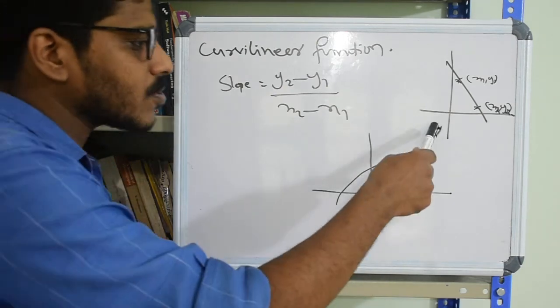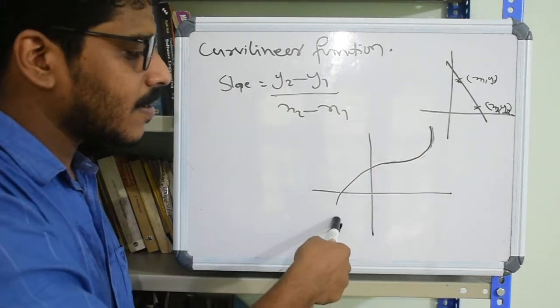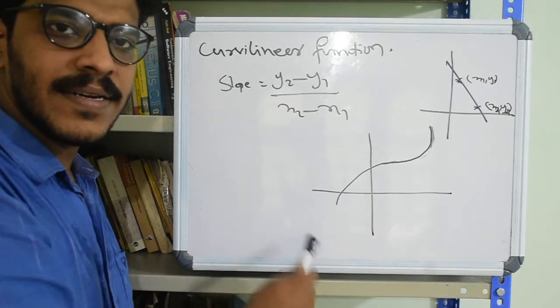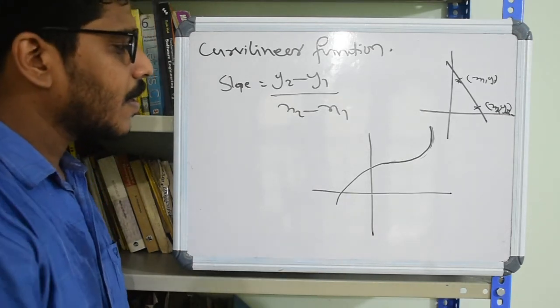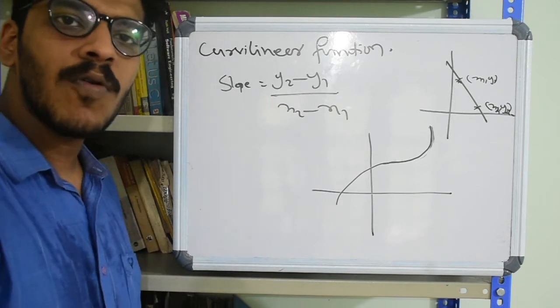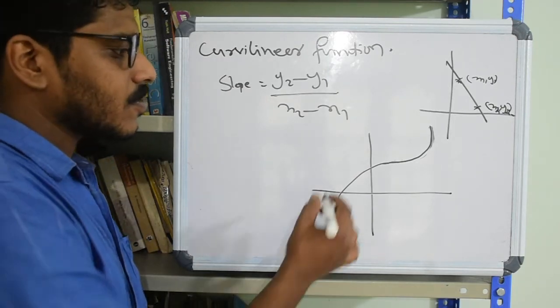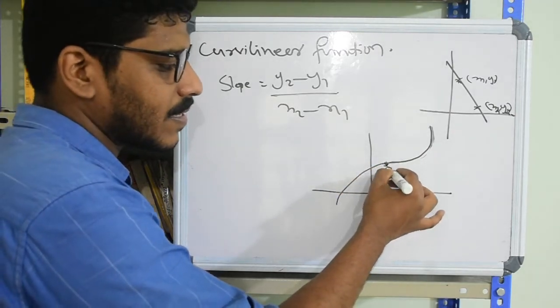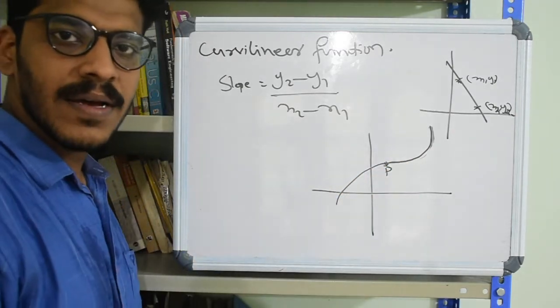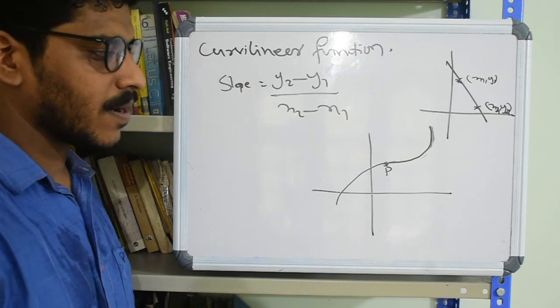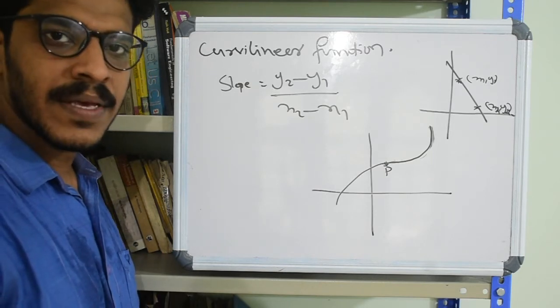So in that case it's possible to have a curve instead of a straight line as a graph of a function. In that case, how will we find the slope? Let this point be P. How do we find the slope of this curve at this point P?